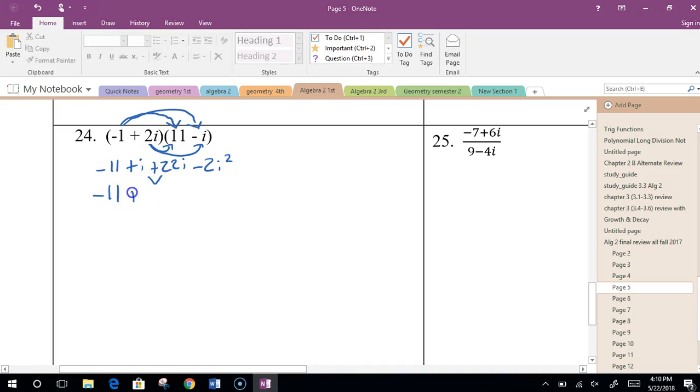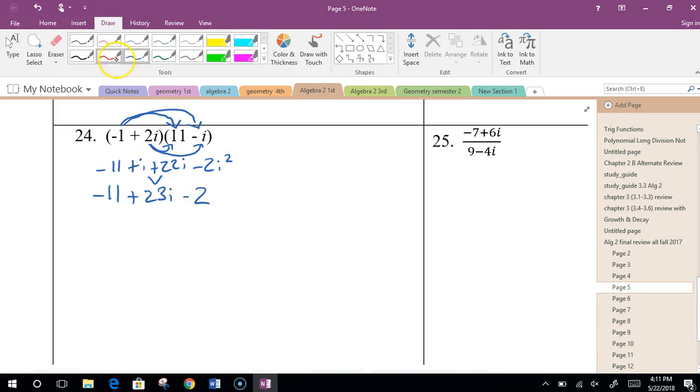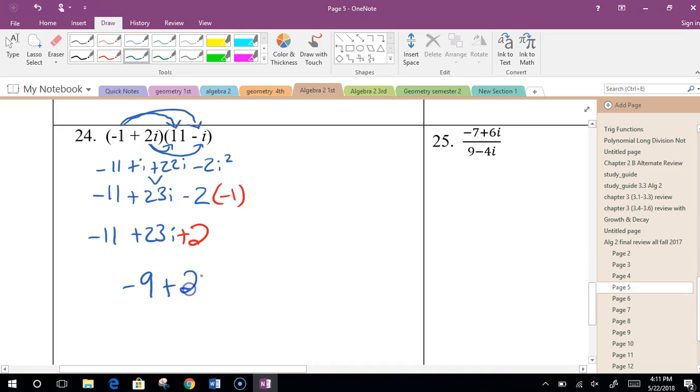If we add the two together here, we get plus 23i minus 2, and in place of the i squared, it's times a -1. Well, -2 times -1 is a positive 2. Let's bring everything else down. And now we have like terms at the beginning and end. -11 plus 2 would get me -9 plus 23i as a final answer.